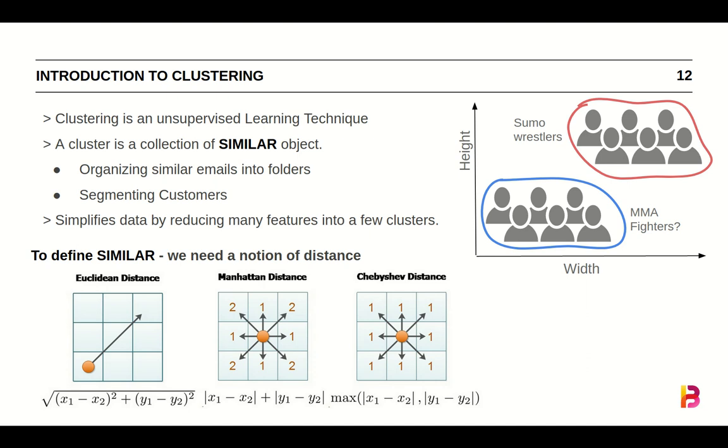By the very definition, we need to have some notion of objects being similar or closer to each other for them to group. So for that there needs to be a notion of distance, and we need to be very clear about what distance means. I think we have covered various distances in our previous lectures on the k nearest neighbor algorithm.